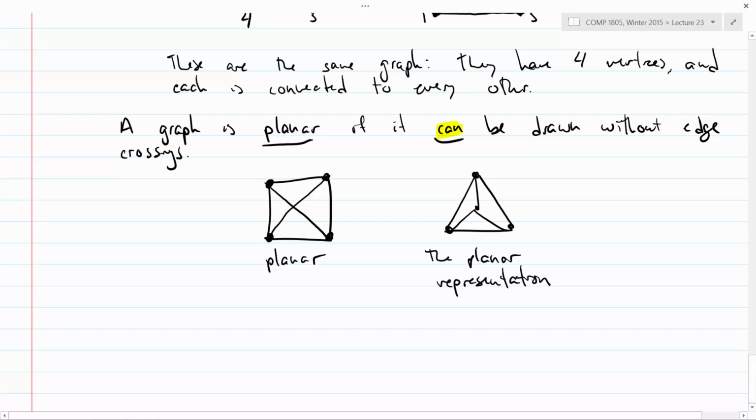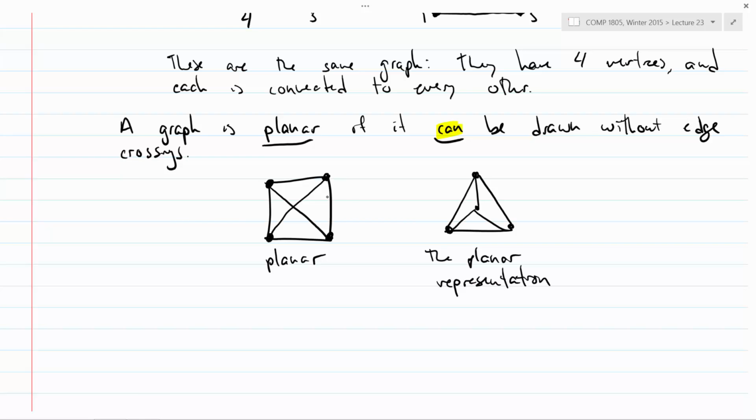So at the risk of confusing you, there is a term for a graph that is planar and is drawn in a planar fashion. And unfortunately, that term is plane. So this graph here is plane and planar. This graph here is planar, but not plane. I don't love that. It wasn't my idea, but this is how math is developed.